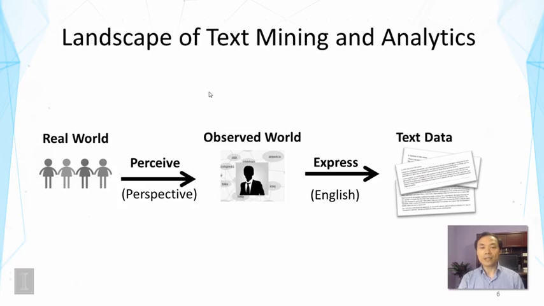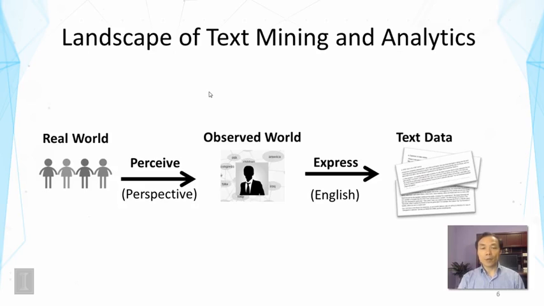And so the human sensor would perceive the world from some perspective, and the sensor would then form a view of the world, and that can be called the observed world. Of course, this would be different from the real world because of the perspective that the person has taken. This can often be biased also.